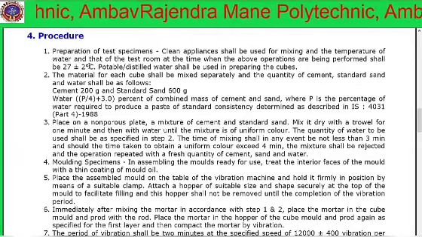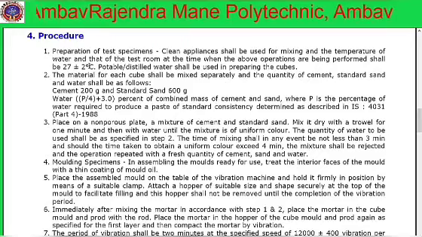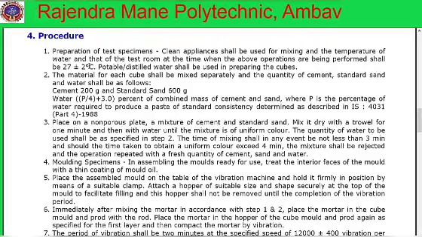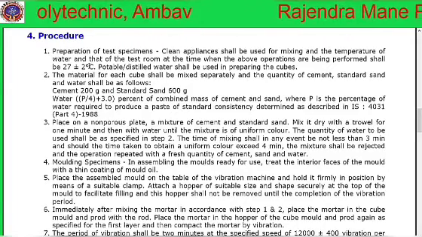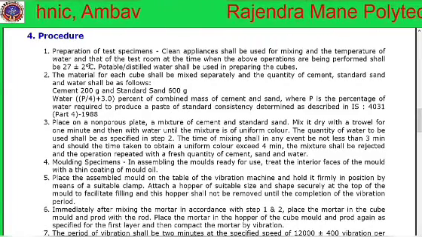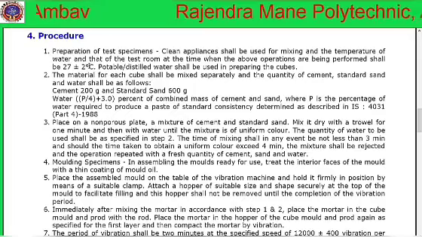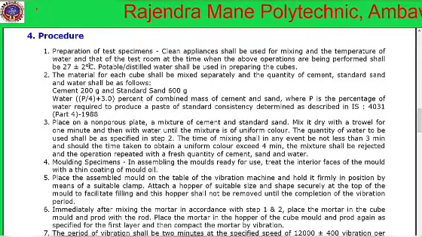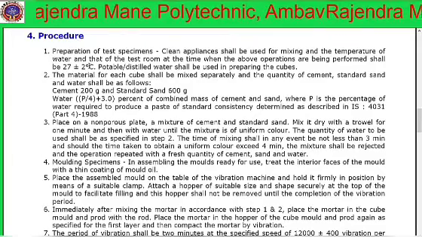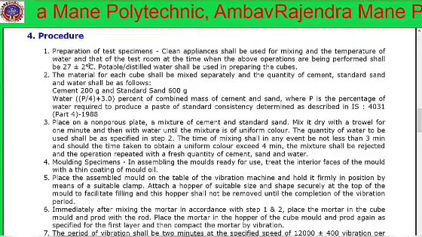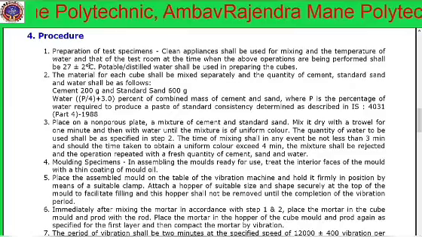The materials for each cube shall be mixed separately, and the quantity of cement, standard sand and water shall be as follows. Take cement of 200 grams, or more accurately, take cement of 185 grams. Take standard sand of 555 grams.